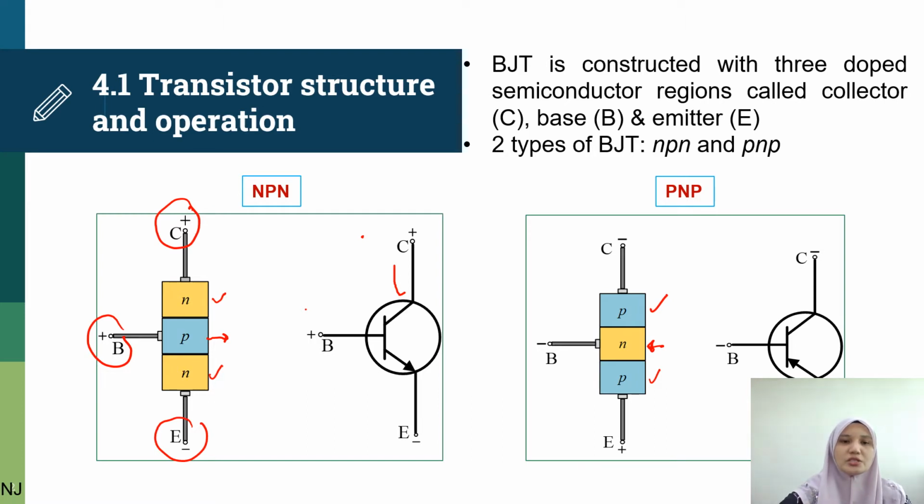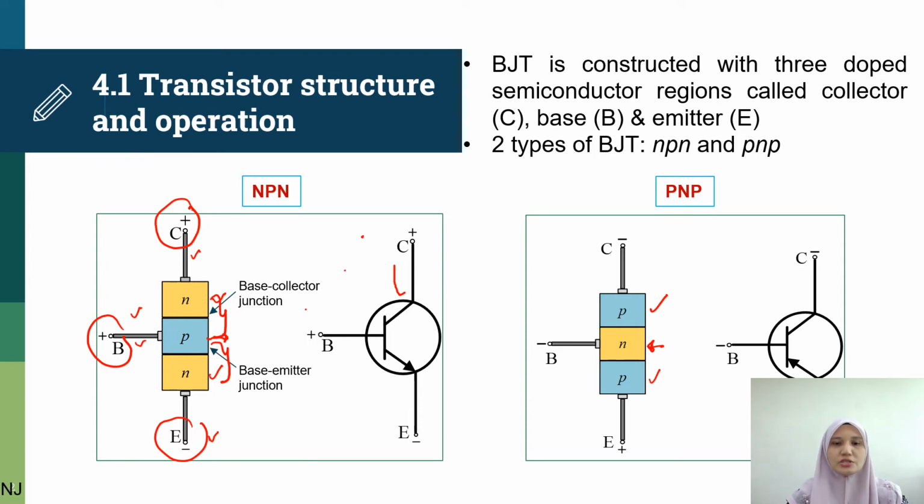The PN junction joining the base and collector is called the base collector junction, while the PN junction joining the base and emitter is called the base emitter junction. This is also true for the PNP BJT.